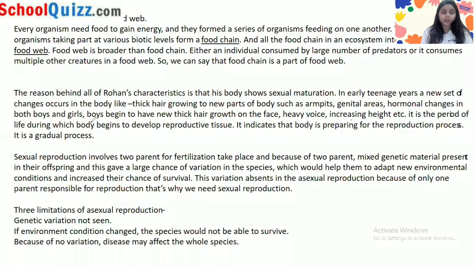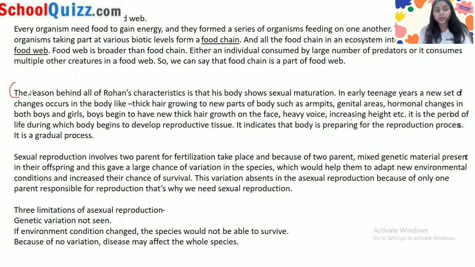In your exam, you can write like this: firstly you have to tell them what the reason is, then you have to describe it. If you describe first, the examiner might get confused and not find the answer they are looking for.